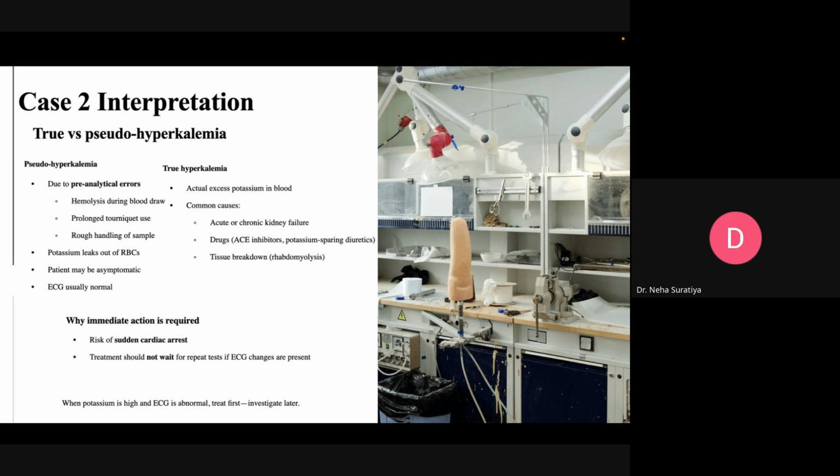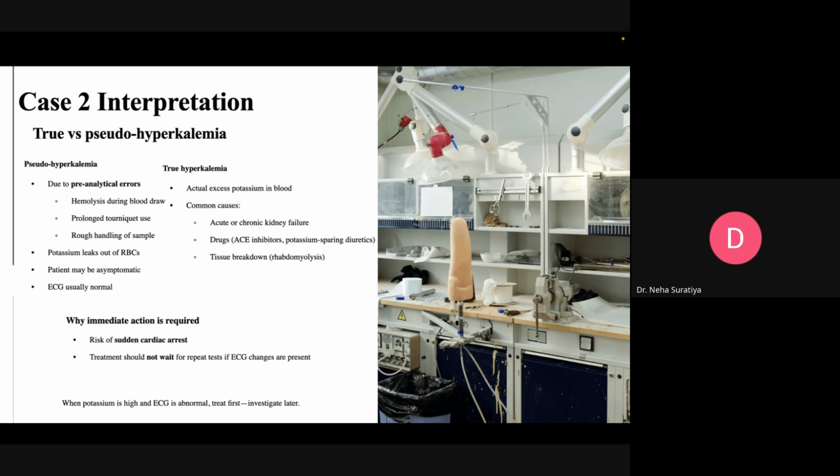Imagine a whole different scenario here. If potassium is high, ECG changes are not present, then what will happen? It might be a case of pseudo hyperkalemia. In that scenario, testing again will be recommended. So when potassium is high and ECG is abnormal, the first thing we require is the intervention, the treatment, and not investigation, right?